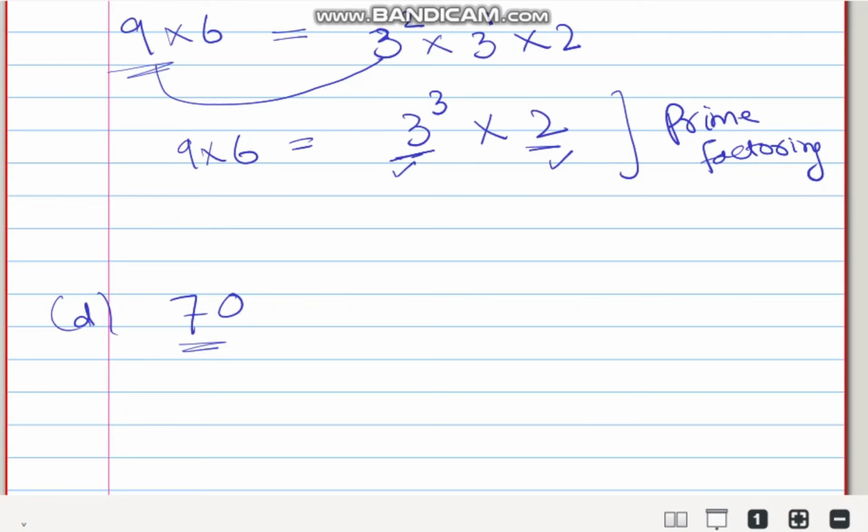Please note this process, this is a very important thing. If you have a number like this and you are asked about the prime factorization, just follow this step, dear student. Whatever factorization you are asked, if there is any simple factorization, no problem.